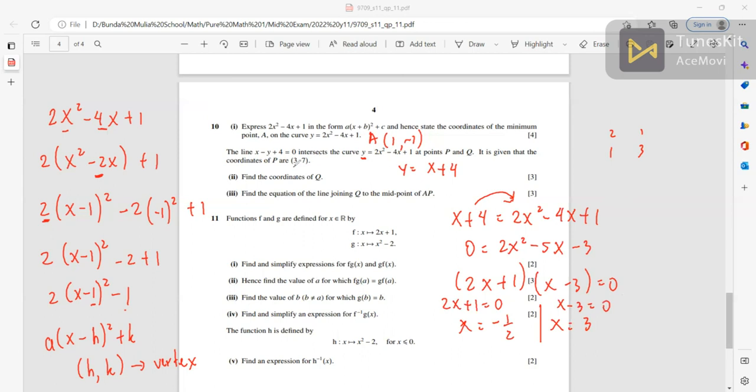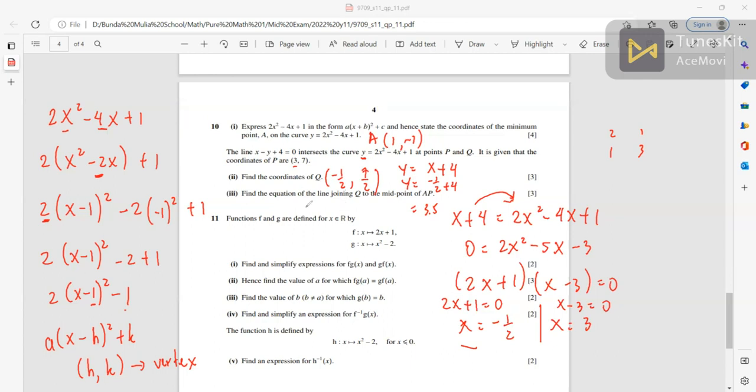So we already got P as x equals 3, so we only have to pay attention to x equals minus half. When x equals minus half, y will be minus half plus 4, so it should be 3.5. So the Q coordinate is (minus half, 3.5), or 7/2. That's for the second one.